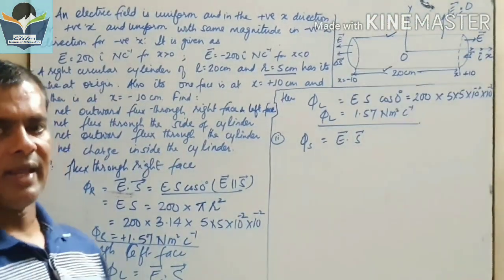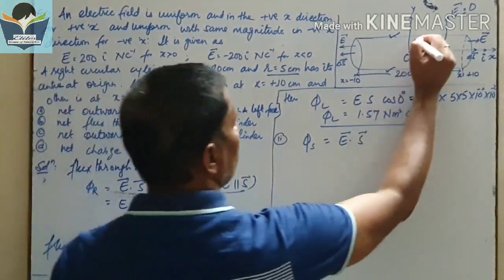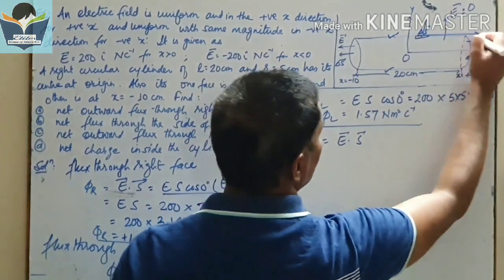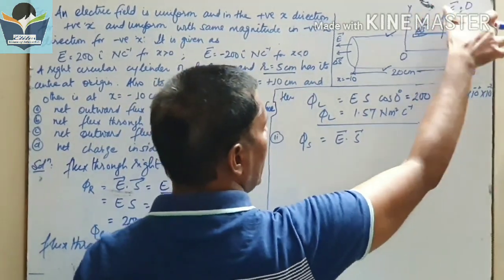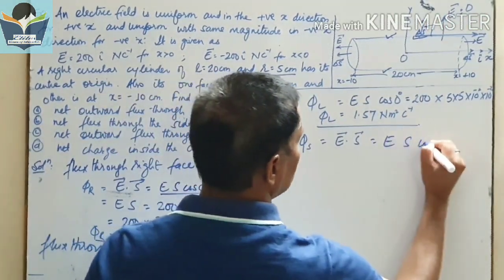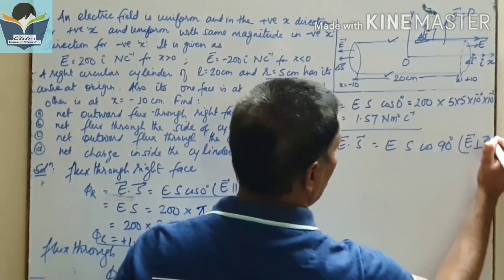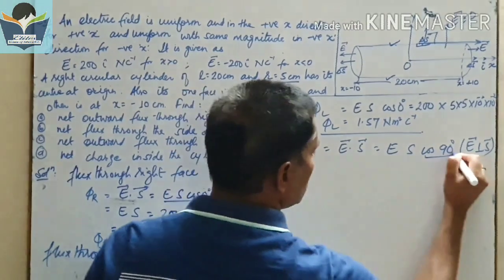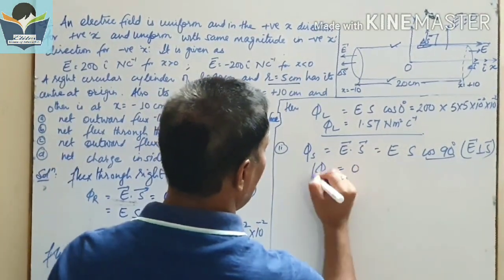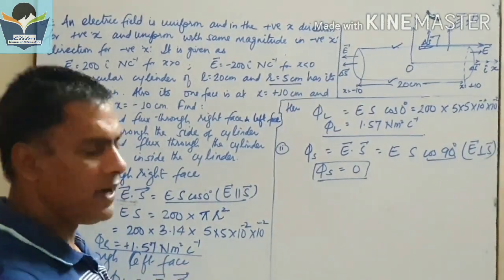It shows that angle between the two will be 90 degree. The area vector, if we take here, delta S coming outward, and the field is along x-axis, so y and x are perpendicular to each other. So this comes out to be E S cos 90 degree. Here E vector is perpendicular to S vector, and cos 90 is 0. So the total flux along the side comes out to be 0. This is the flux along the sideways.